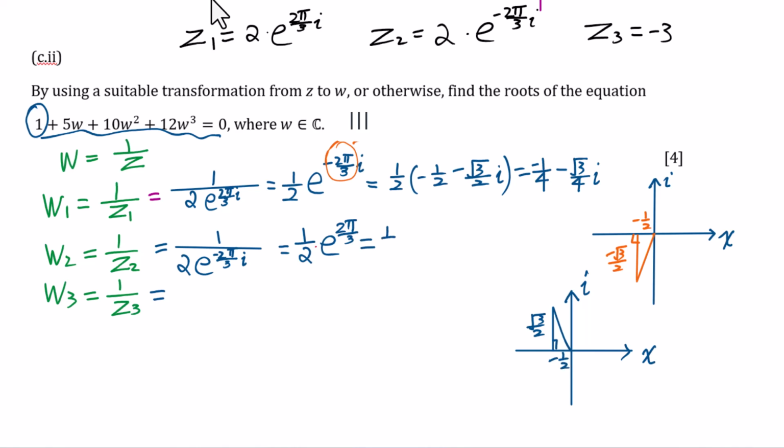So we get 1 over 2 times negative 1 half plus square root of 3 over 2 i, which is negative 1 over 4 plus square root of 3 over 4 i. w3 equals 1 over negative 3, which is negative 1 over 3.